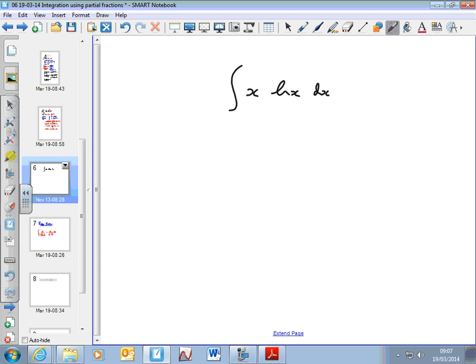So if I've got natural logarithm functions in here, I'd probably call that u. So in this particular case, I'm going to let u equal log x and dv equal x.